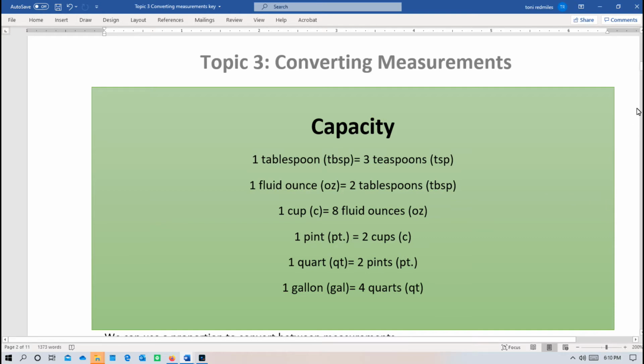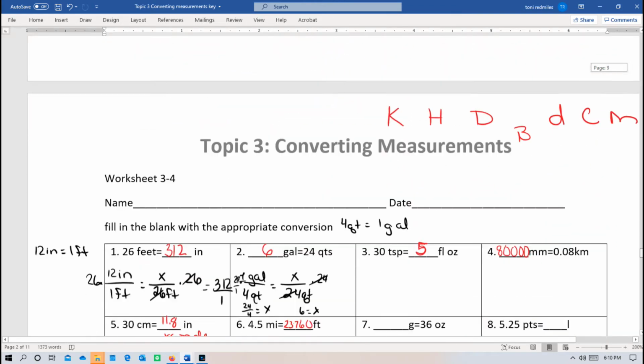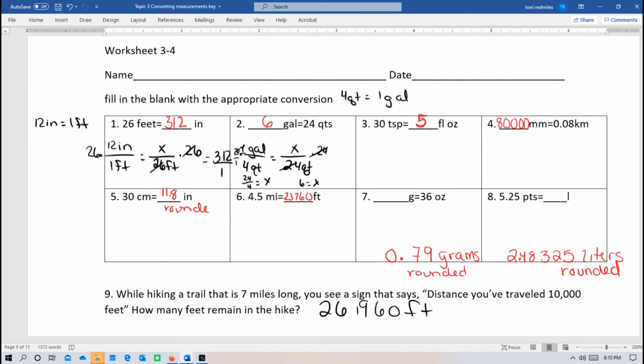All right, so let's do this. Oh no, it's in teaspoons. So our first one is we got to turn these teaspoons into tablespoons. So I want to know how many tablespoons that is. So I'm going to put my tablespoons on top, my teaspoons on the bottom.